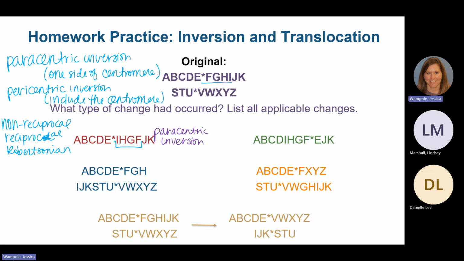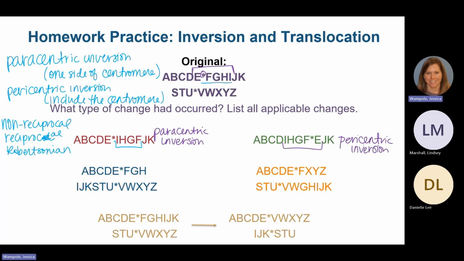So it's pericentric, right, is the centromere? Yep, very good. This one is pericentric. So we've got this chunk here has moved. So we've included the centromere there. So this is going to be a pericentric inversion.